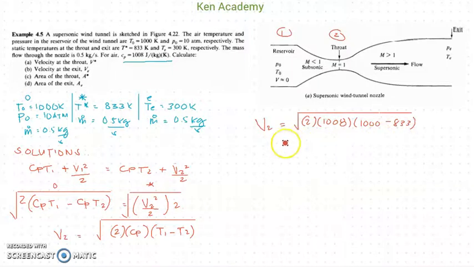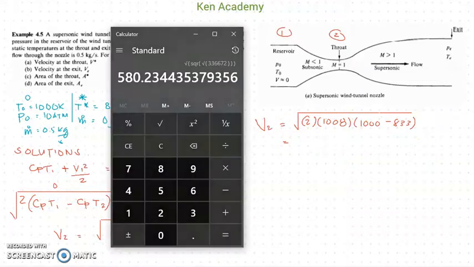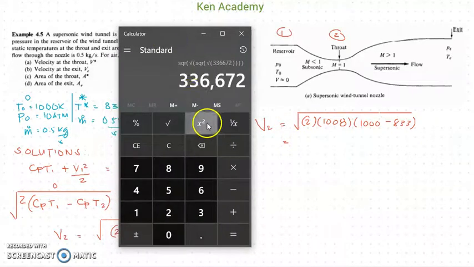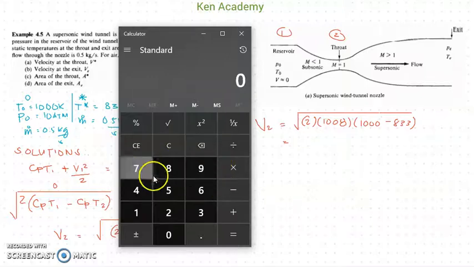Take note, guys, I have not yet written the units. So this one, let me just pull out my calculator. Let me write that down again. Let me begin with solving for this one.